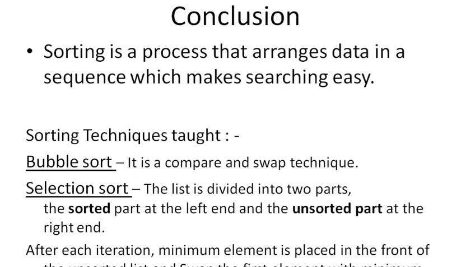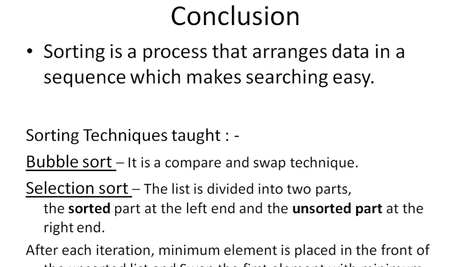So, to conclude, sorting is a process that arranges data in a sequence which makes searching easy. There are many sorting techniques, but the techniques which we have learned today are bubble sorting and selection sorting. Bubble sorting is a compare and swap technique.